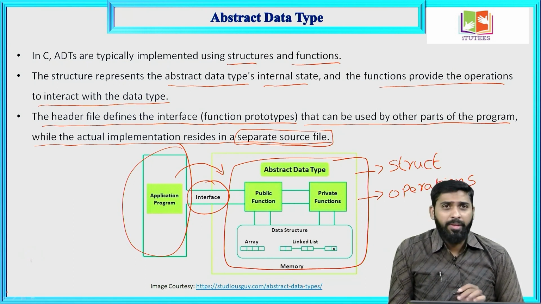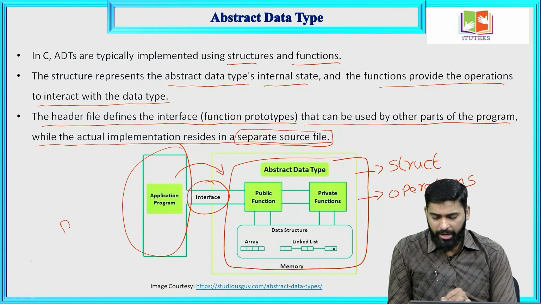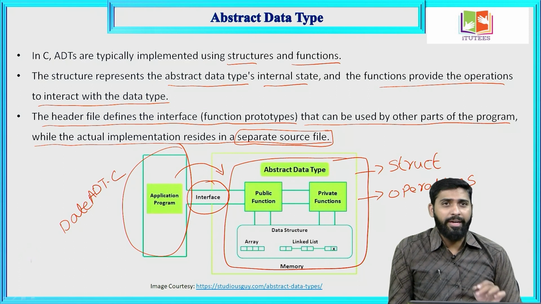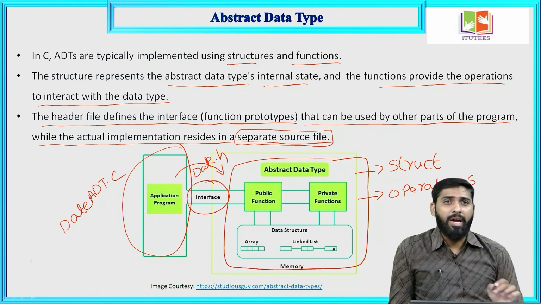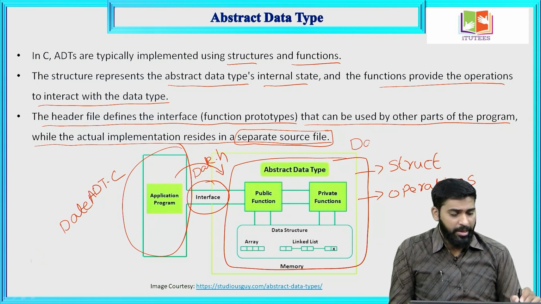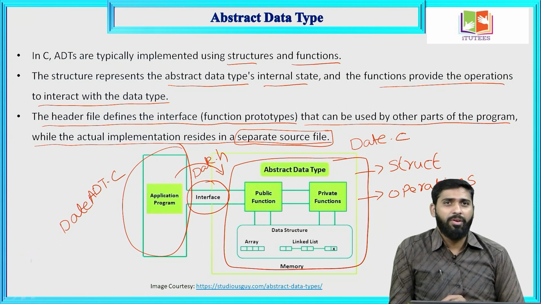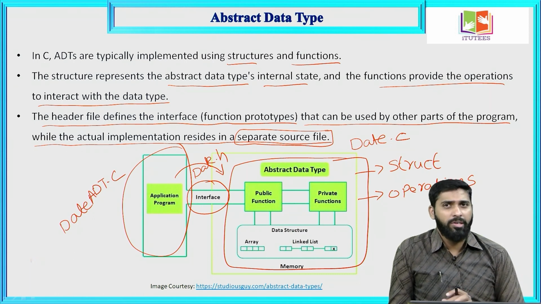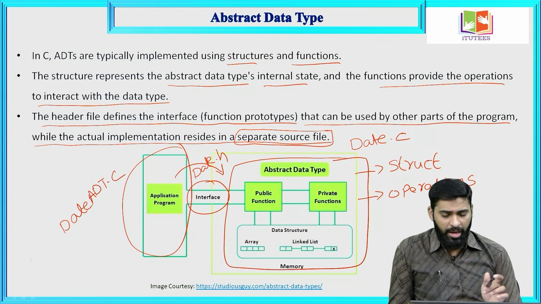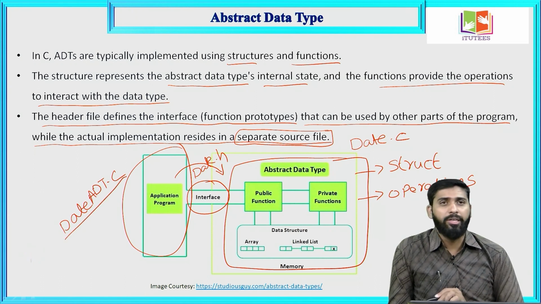In this diagram the application program is date ADT.c, the interface is date.h, and the abstract data type is date.c, the source program. We implement it in date.c, so that we access it with the help of date.h, the header file, that is the interface we include in the application program, date ADT.c.